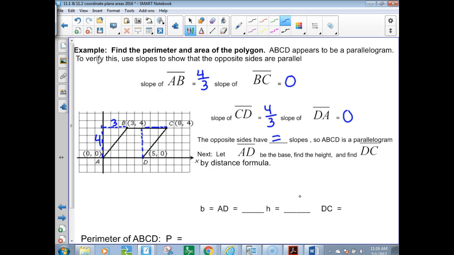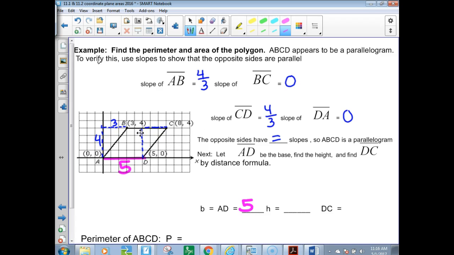Next, we're going to find the base, AD, and that's going to be an easy one to count off. If AD is my base, it's 1, 2, 3, 4, 5. All right, so 5 for AD.